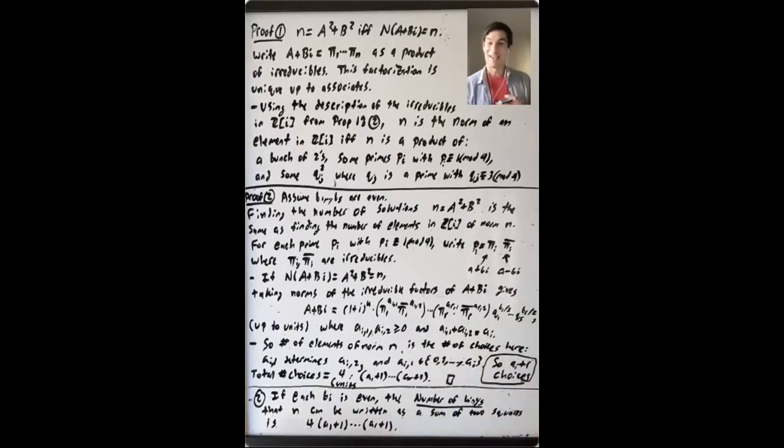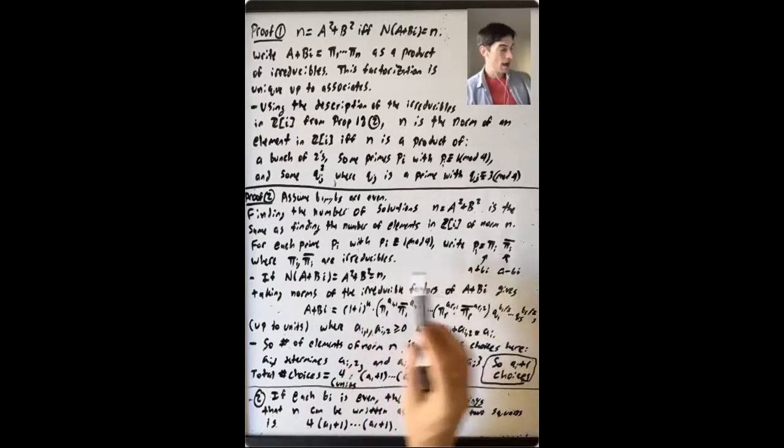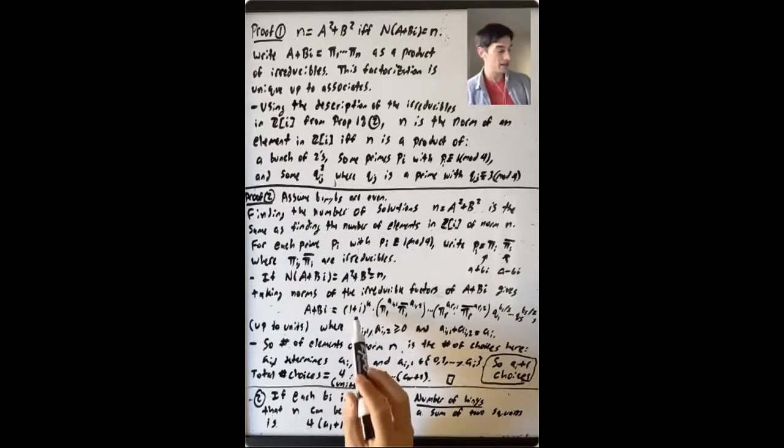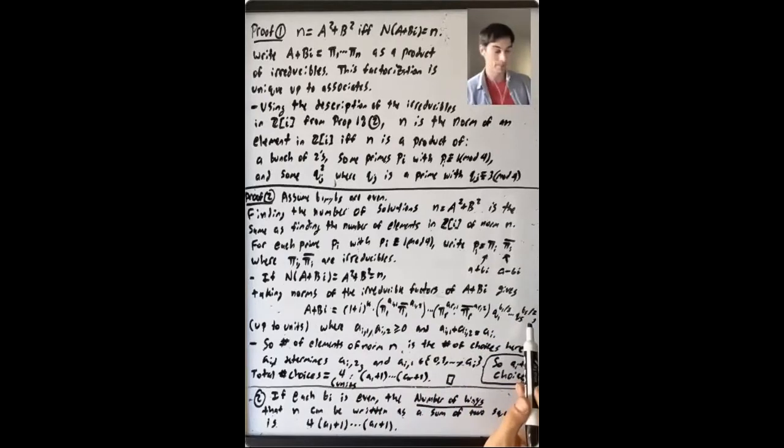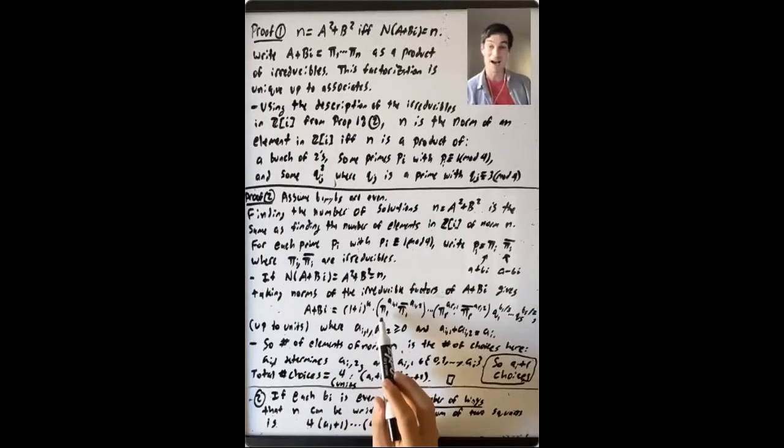Okay, so what is the total number of elements of norm n? What is the total number of choices in this factorization? For each prime pi congruent to 1 mod 4, we get ai plus 1 choices. For all these factors congruent to 3 mod 4, we get no choices at all. And for the power of 2, we also have no choices at all.